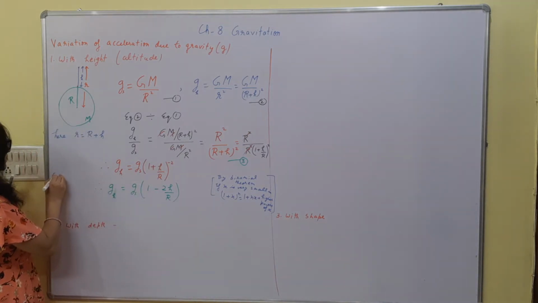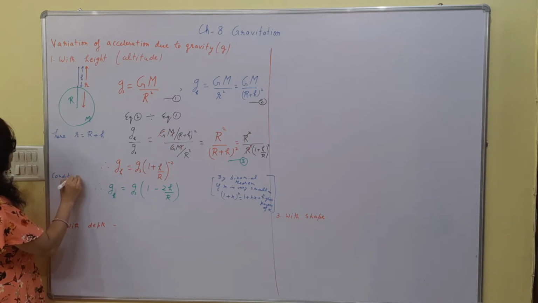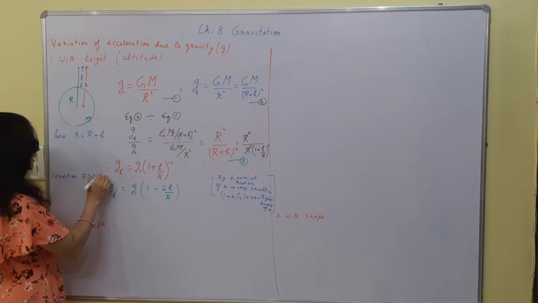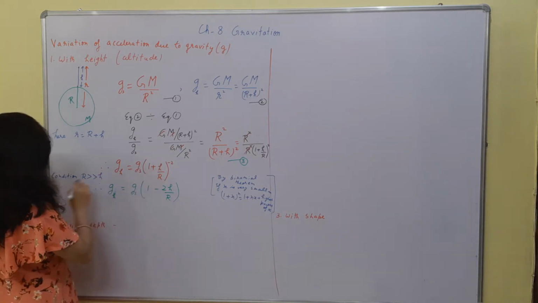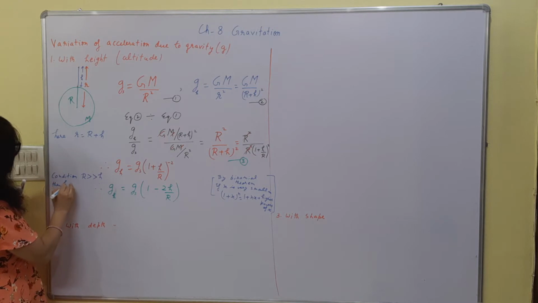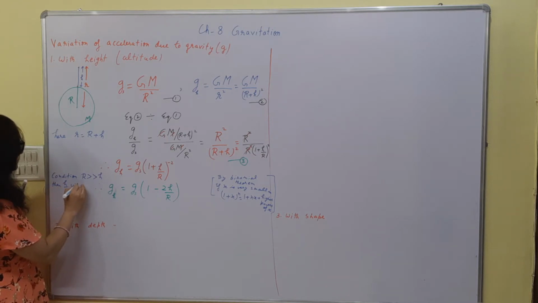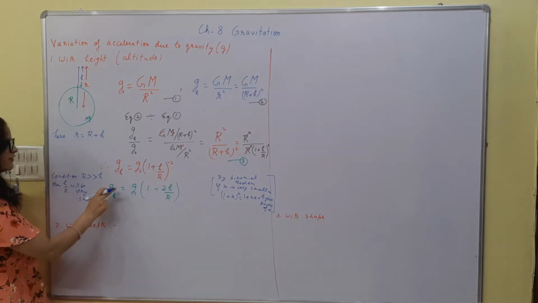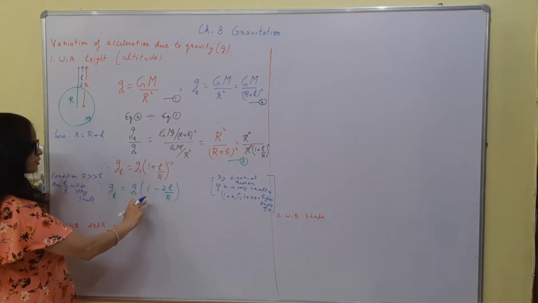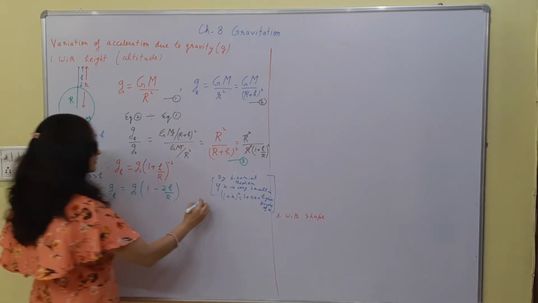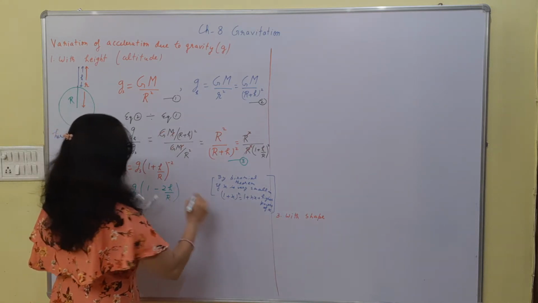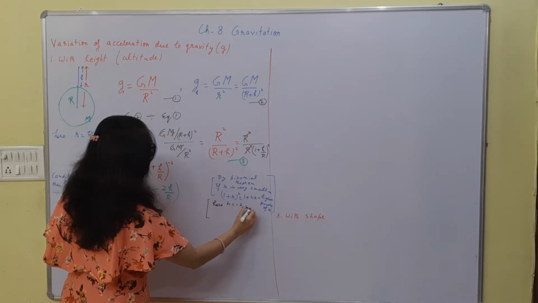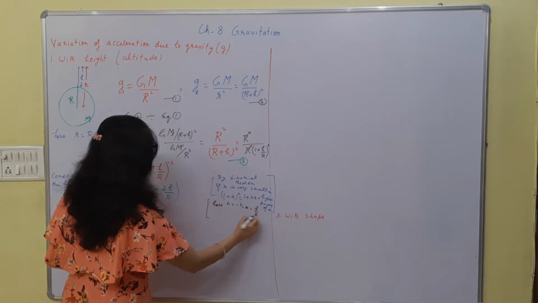So this is the condition: when R is very much greater than h, then h upon R will be very small. Then we can apply the binomial theorem, and that's why we can write it like this, because here n is equal to -2, x is equal to h upon R.